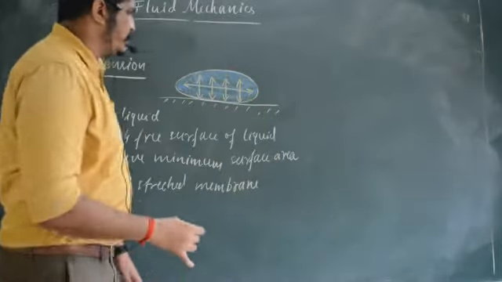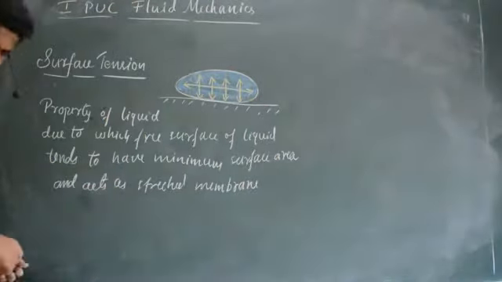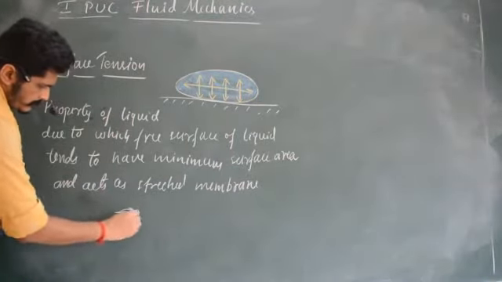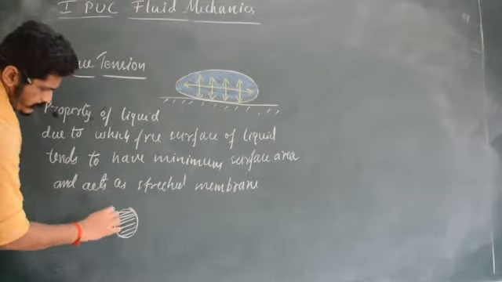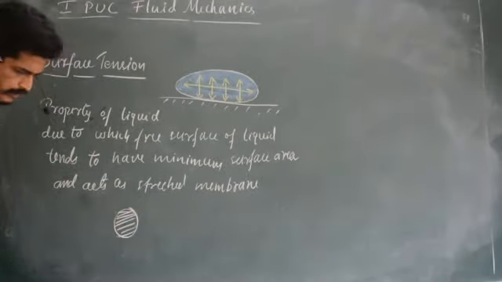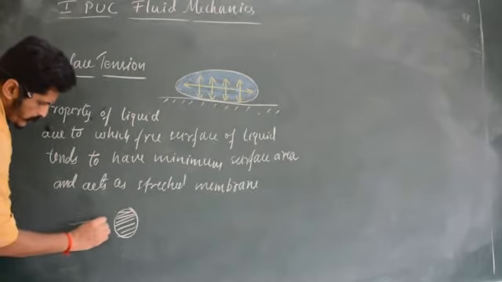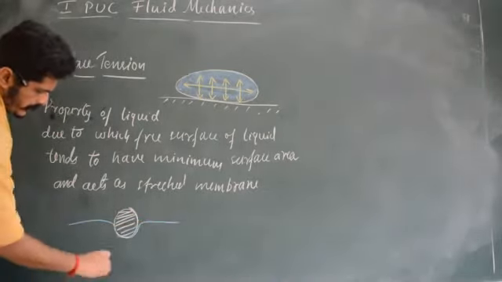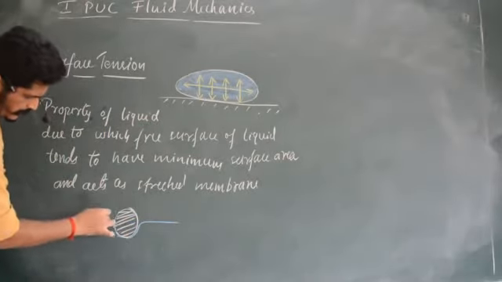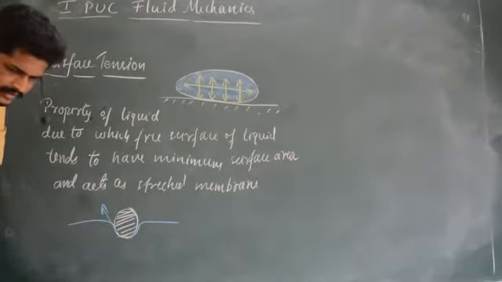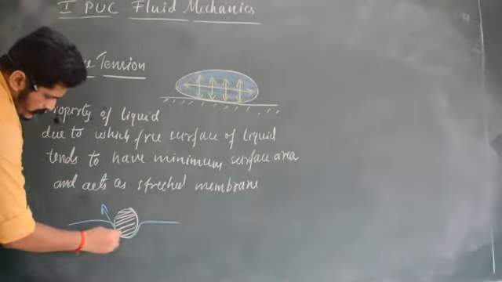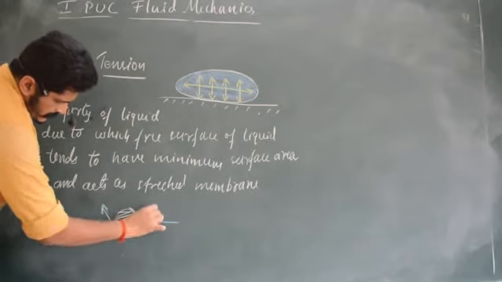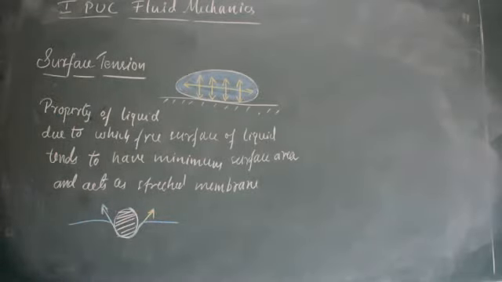Okay, so I can show you here. Imagine that this is an object. Of course, when you put an object inside water, upthrust will be there, correct? There will be some force like this, I'll show using some other color. They try to push this away.